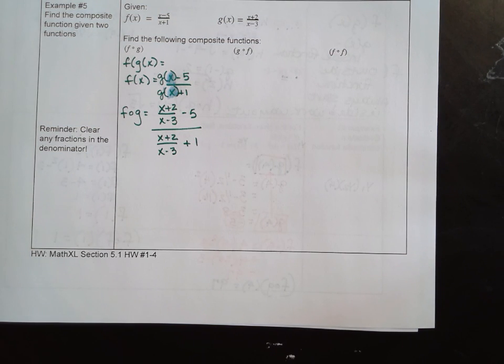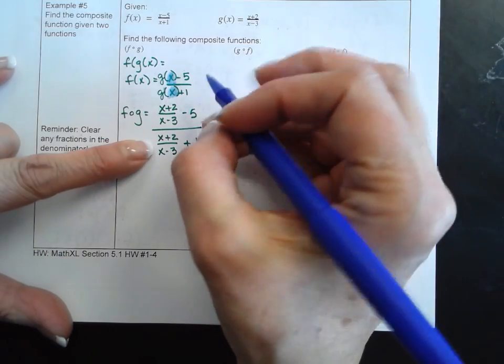Now, we can't have fractions in a denominator, so we gotta get rid of those. What's the next step to do that? How do you get rid of fractions? Multiply the bottom. Yeah, multiply the bottom.